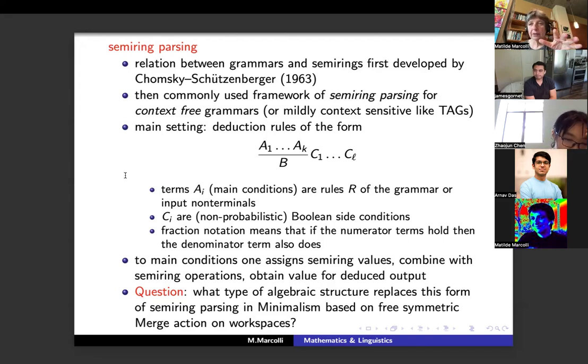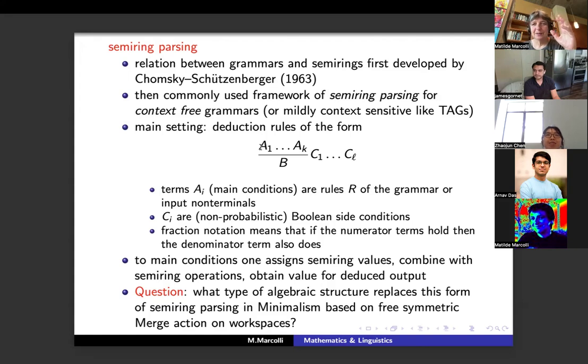The way this is often formulated in this formal languages setting is that you write certain deduction rules that have a certain standard form. So you write them as a kind of numerator and denominator part, and something on the side.